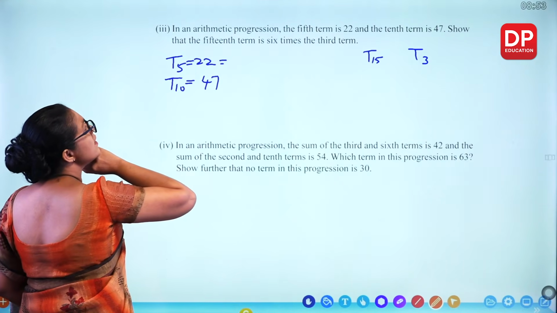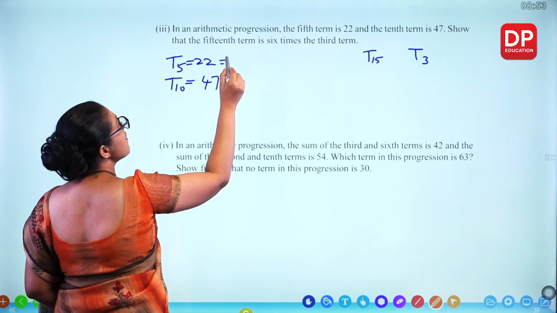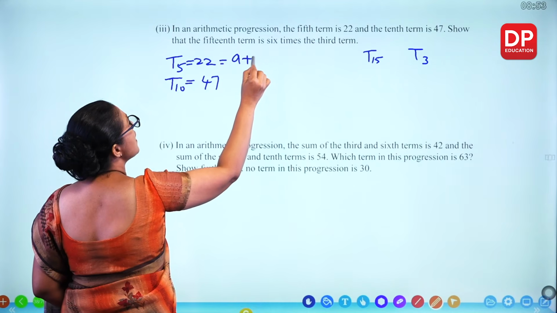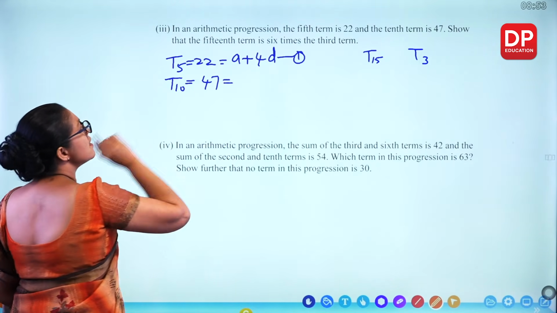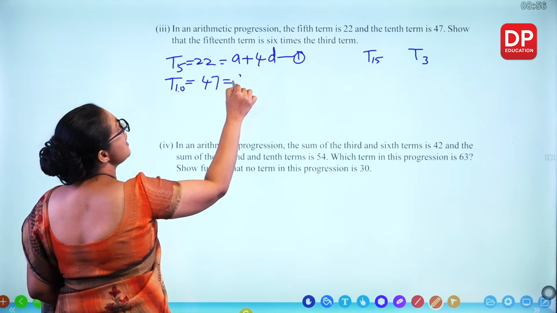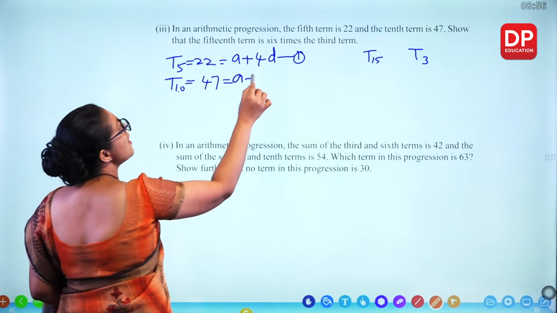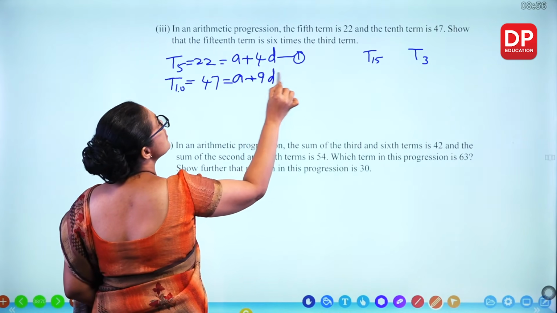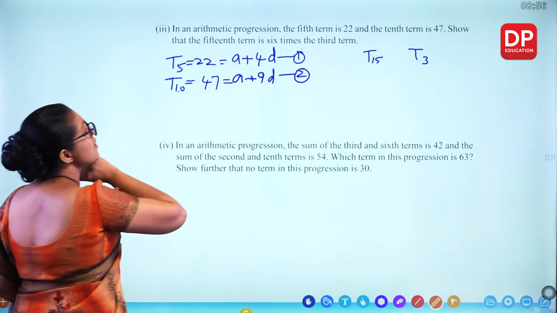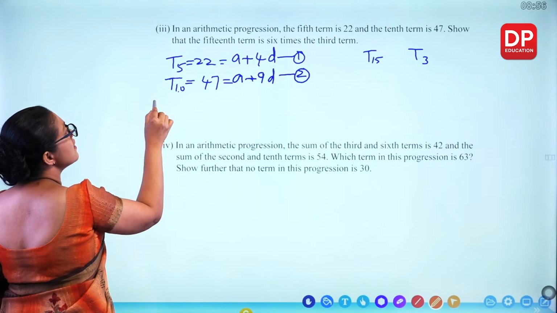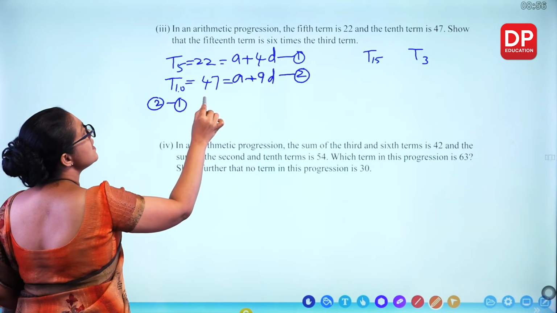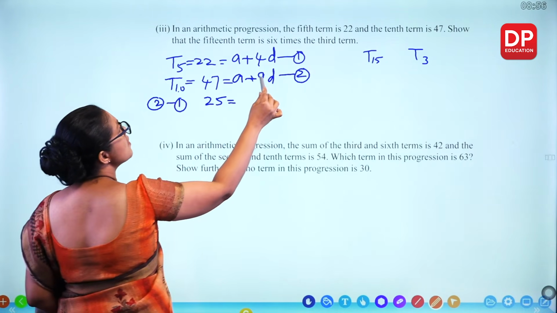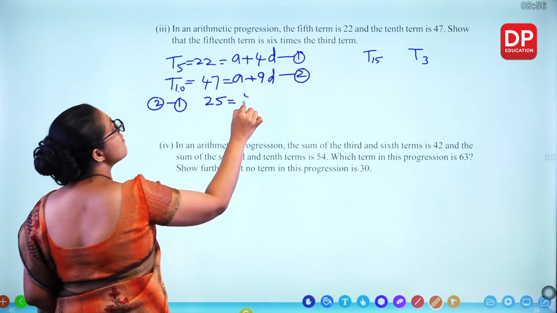Write a formula. For T5 I can write first term plus 4d, that's the first equation. For the 10th term I can write a plus 10 minus 1, 9d, is equal to the second equation. Now subtract 2 minus 1. I get 47 minus 22 is 25, equal to 9 minus 4, which is 5d.